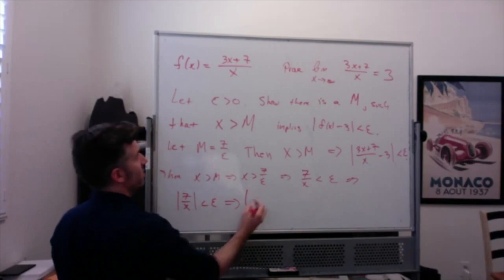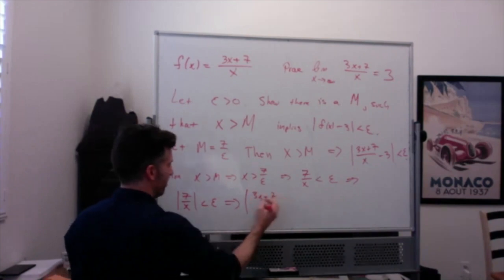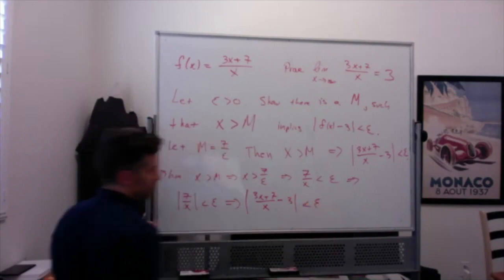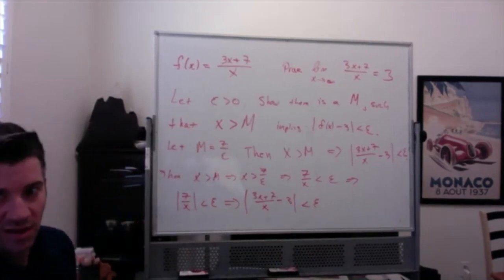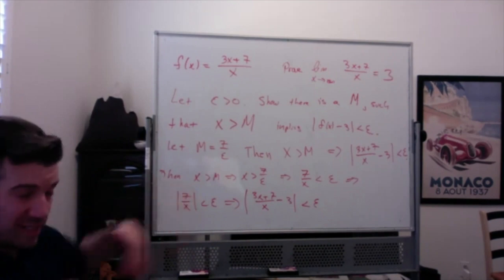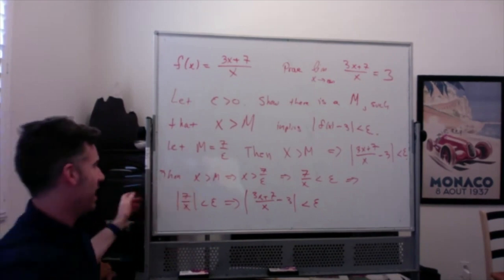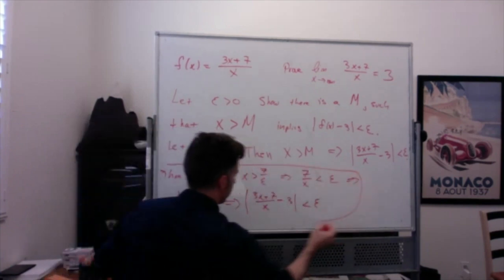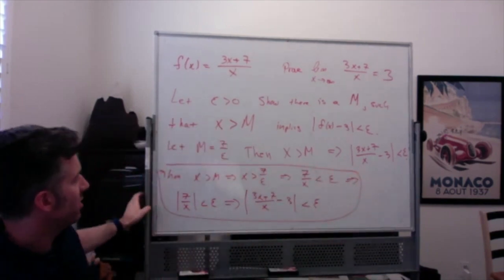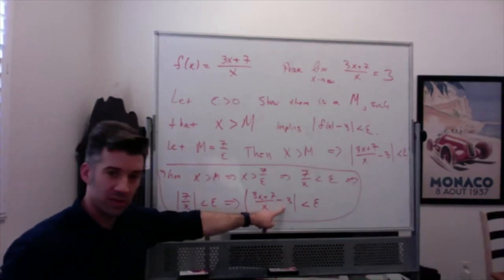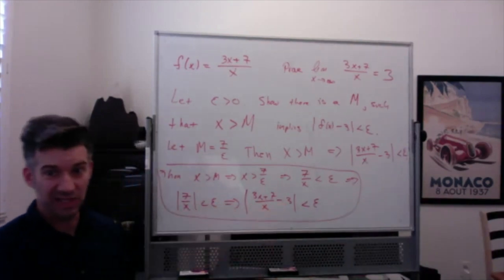This is really the absolute value of 3x plus 7 over x minus 3. So I don't know how much of this you really need to show. If I had to guess, I would err on doing it this way. But then that's what we wanted, right? We showed that if x is big enough, f of x is close to 3. That's what we wanted to show.